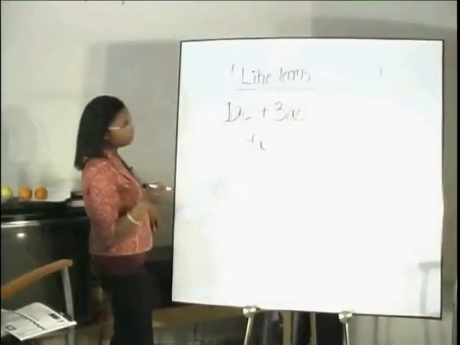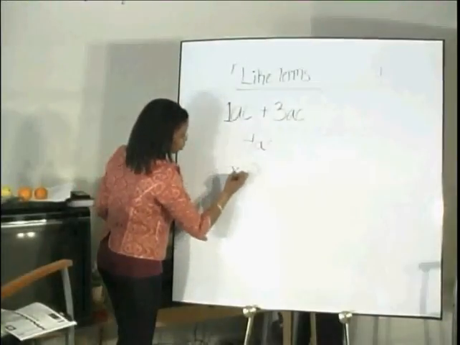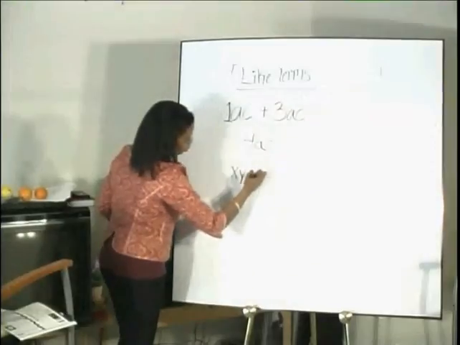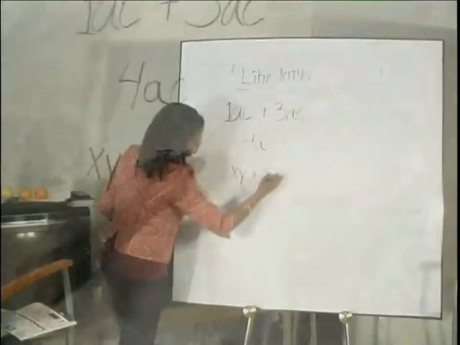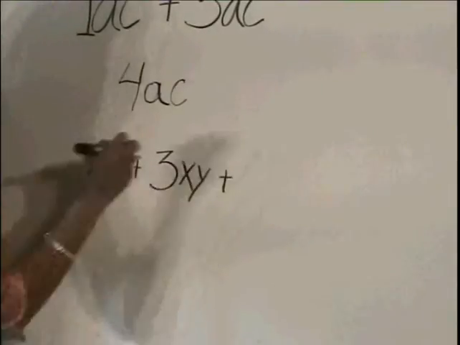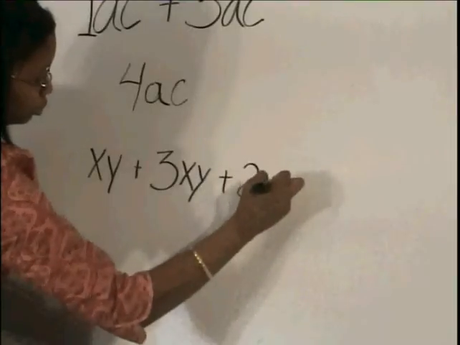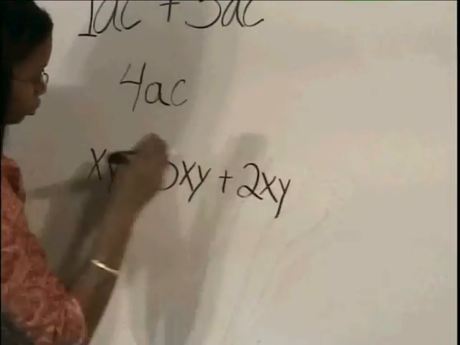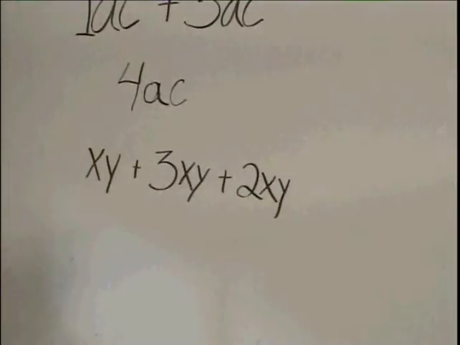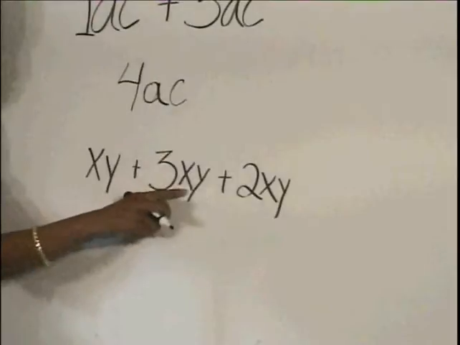Let's try another one. Say we have something like this. Well, we see that all of these have XY.